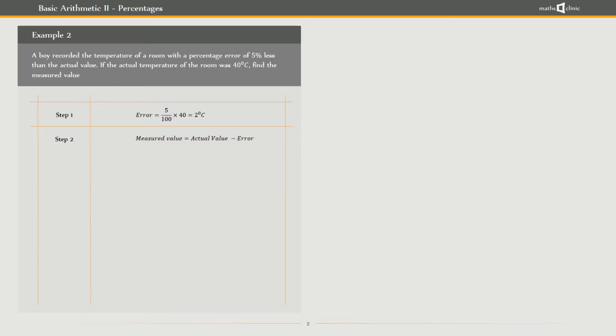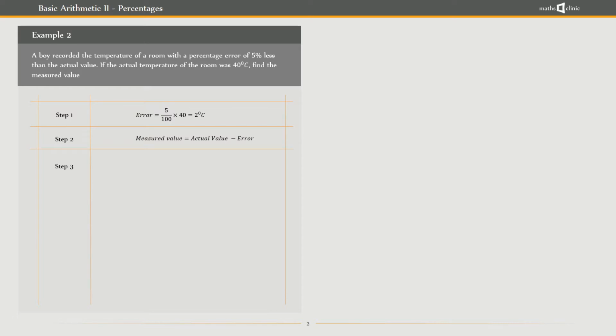Now if you had a situation where the measured value was greater than the actual value, so someone did a measurement and gave a value that was actually greater than the correct value, we'd have measured value equals actual value plus error. But since we're dealing with less, we have measured value equals actual value minus error.